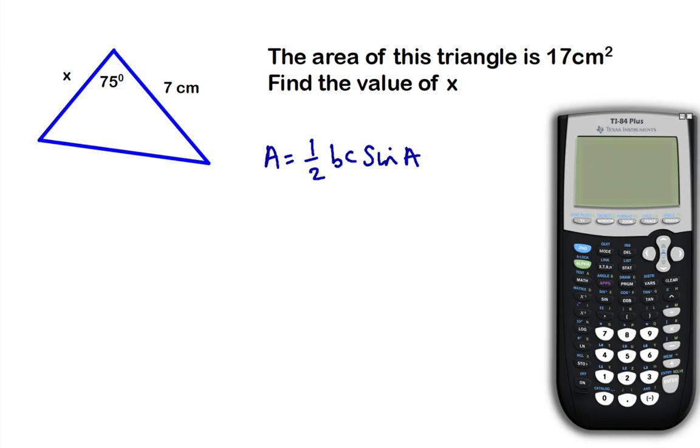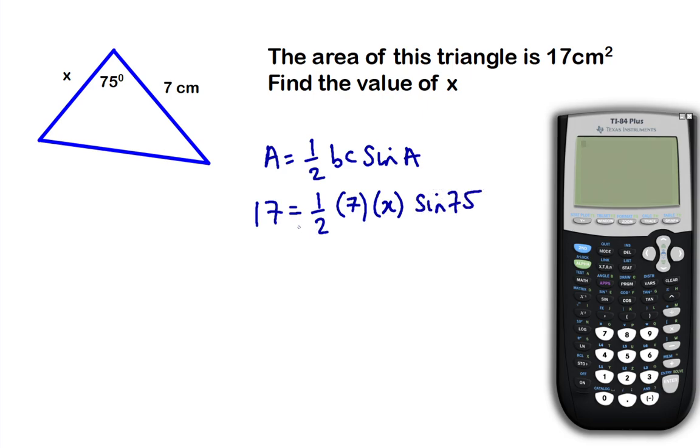So substitute what we know into this formula. We know the answer for the area is actually 17. Let's use the B as 7, shall we? And the C is x, it doesn't matter which way around these two are. And then sine 75. So I think you can see where this is going.